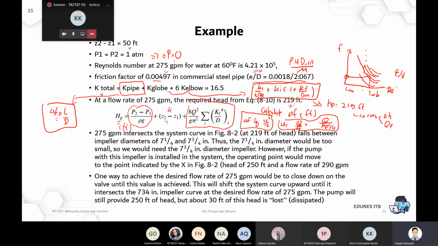Okay. But now here comes the other restriction from the performance of the pump itself. Because again, this is not a customized pump. We just buy the closest one available in the market.